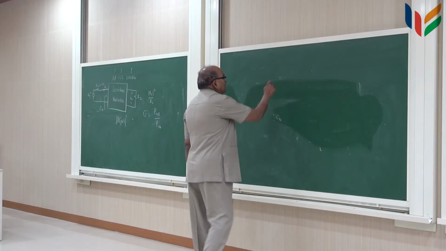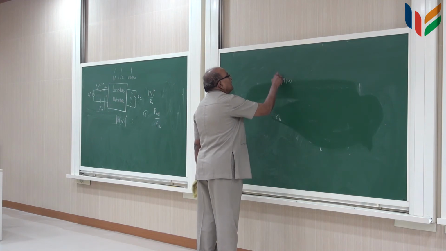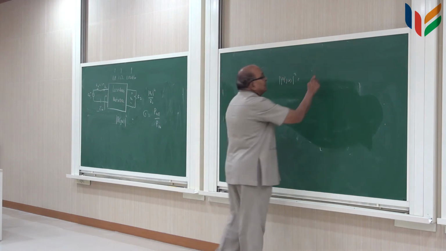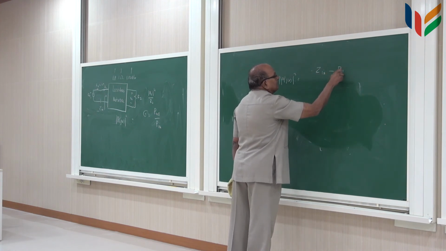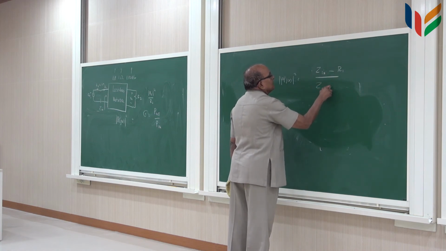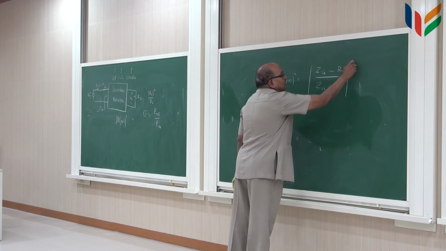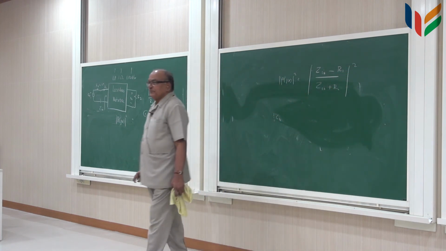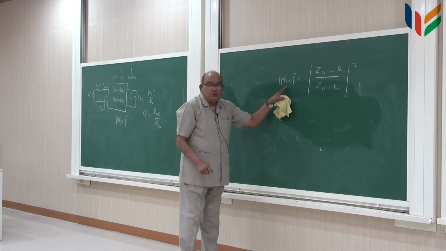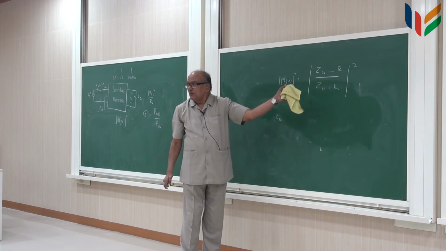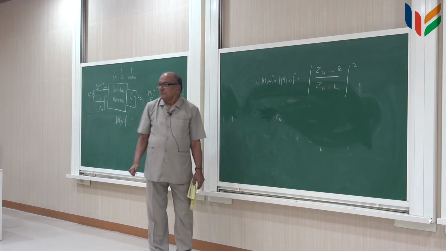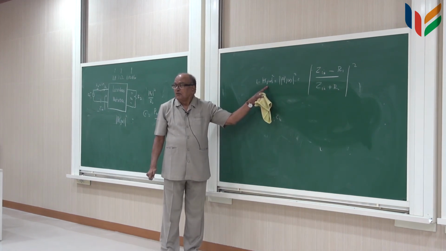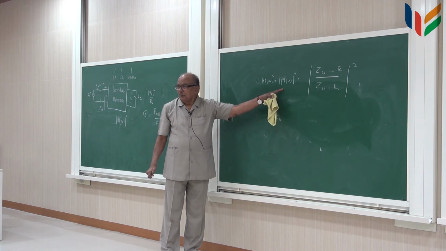So whatever, forget about that, let's call this |ρ(jω)|² equal to this, from these relationships. |T(jω)|² is known. 1 minus |T(jω)|² is |ρ(jω)|², and this is always less than 1, so it is guaranteed never to be a negative number.